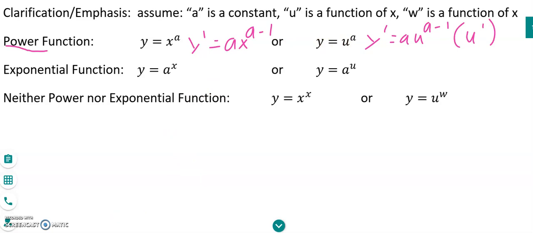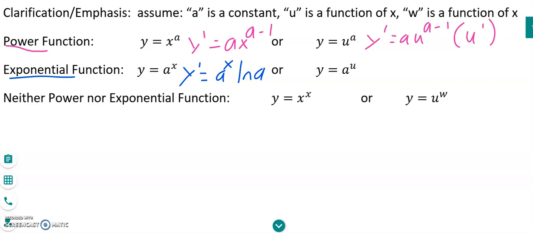And we know from what we just learned recently that if I have y equals a to the x, since this is an exponential function, I can either use logarithmic differentiation, which is how we proved the derivative of an exponential function, or if I know what that is, because I want to just be good at understanding the derivative of an exponential function, then I know that my derivative is going to be y prime equals a to the x times ln of a.